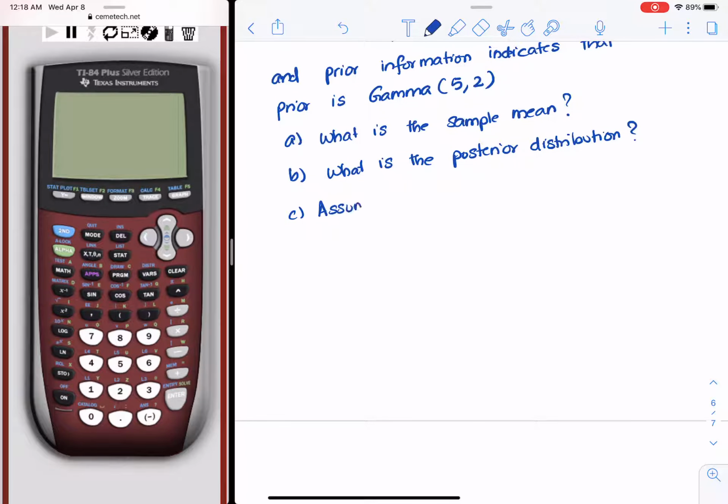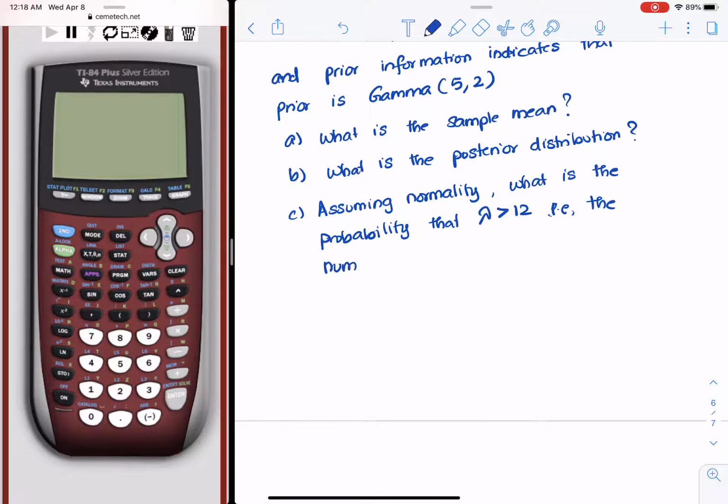And assuming normality, what is the probability that lambda is greater than 12, that is, the number of patients?